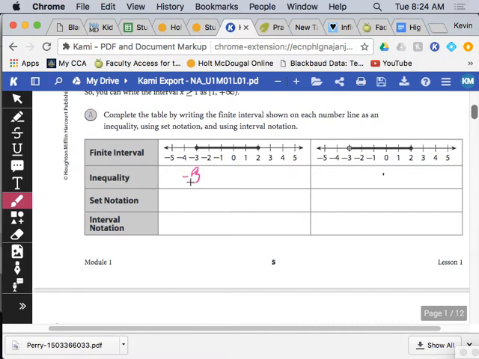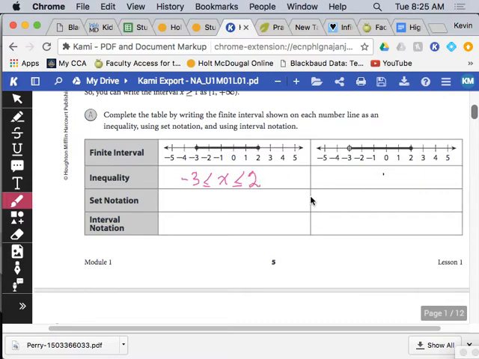Now, does it include -3? It's the starting point, but it's filled in, yes. So it's a solid circle. It's not open, it's closed. So -3 is less than or equal to, because it's inclusive, x, which is, again, less than or equal to what, class? 2, because that's where the interval ends.